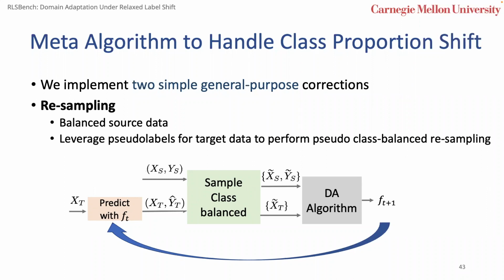Question. Yes. If I'm understanding what this algorithm is doing, it seems as if it's assuming that maybe the best thing we can do is to assume a uniform balance over the different classes.